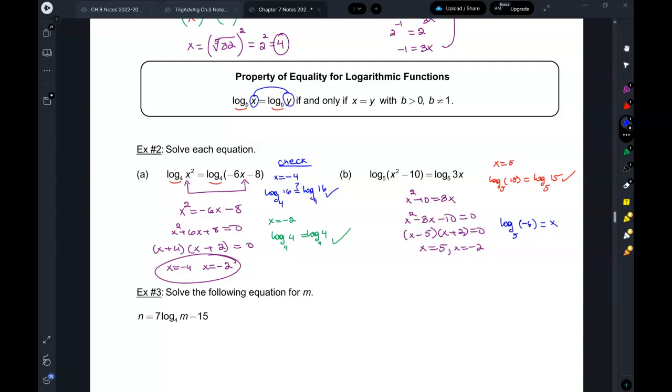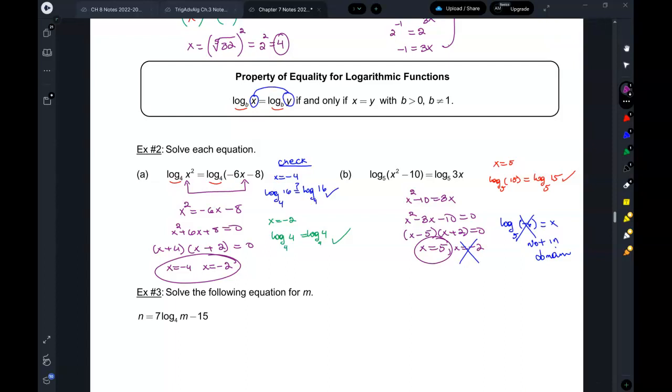No. Like 5 to the power of 0 is 1. 5 to the power of negative 1 is 1 over 5. 5 to the power of 1 is 5. So you can never have log of a negative number. This is not in the domain of the log. So we can just cross out the x equals negative 2. That means the only answer is x equals 5.